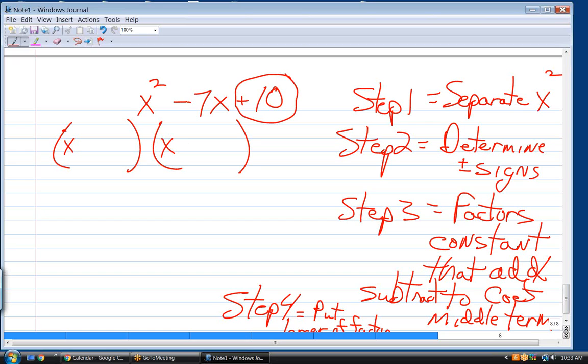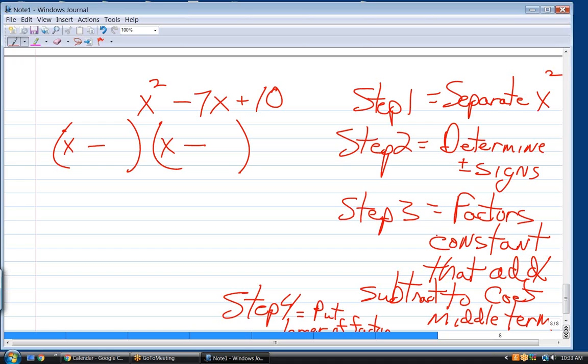But it's not going to ever be able to produce a middle term that's negative. So all that positive means is that both signs are the same. If you want to know what they are, look at the middle term. The middle term's a negative, therefore both signs have to be negative. And notice that will produce a positive 10.